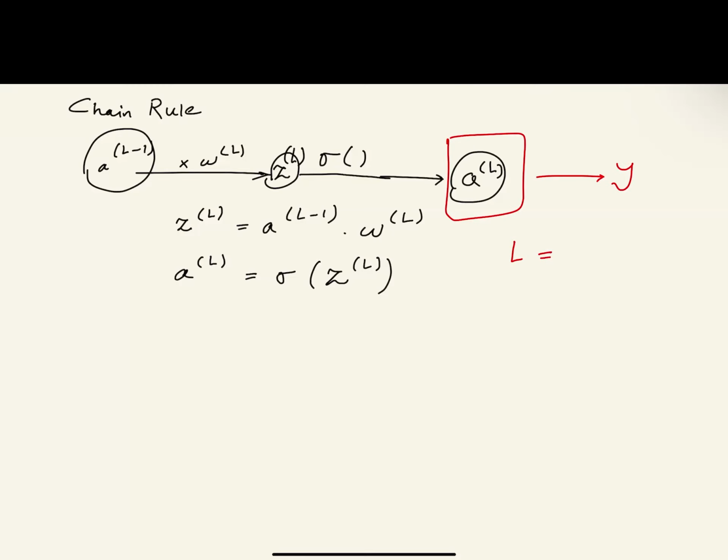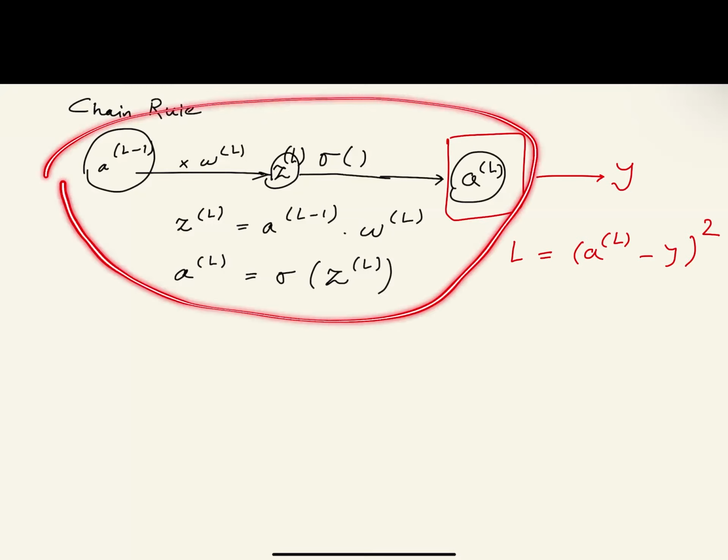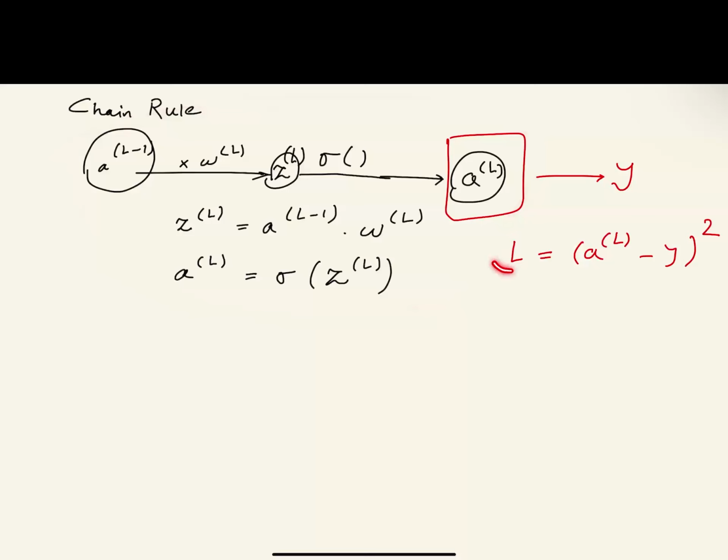Let's assume that loss function is a simple quadratic loss, and we basically want to know how we can change the parameters of this neural network in a way that minimizes the loss function, right? So we want to compute the changes of the loss function with respect to changes of our parameter here, which is W^L, in layer L.